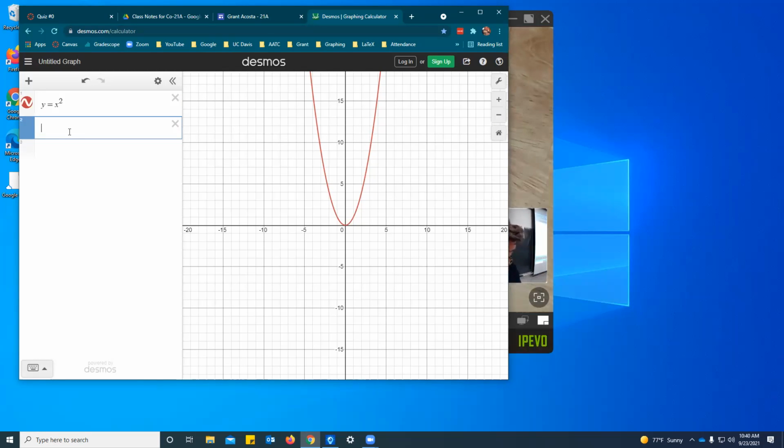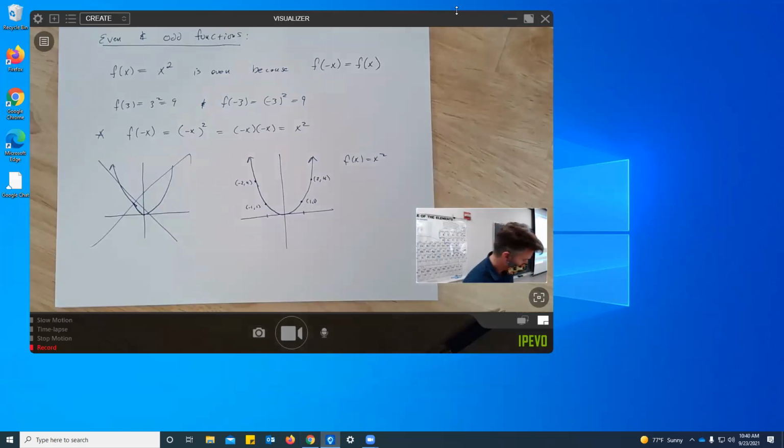You can even see the evenness of it by literally substituting in negative x for x. Oh yeah, it's the same exact function, right? I don't feel like I need to do this, but you can see that. So that's kind of cool. Desmos is great. We'll come back to that in a minute.